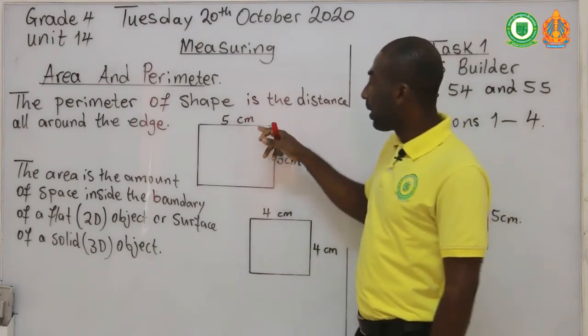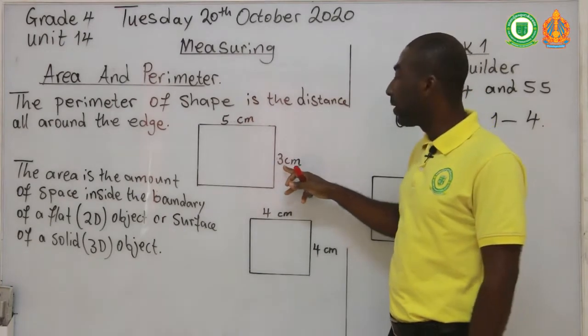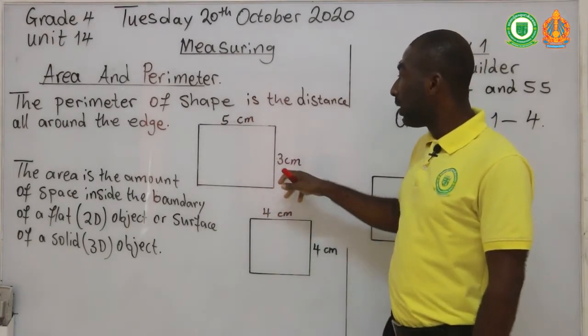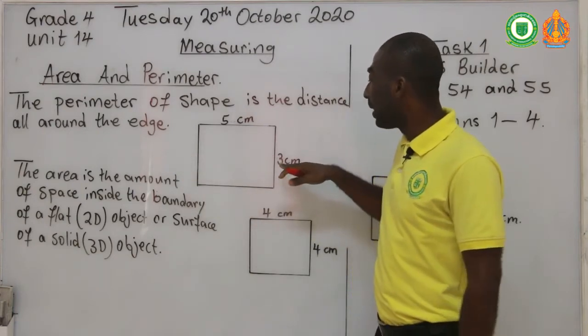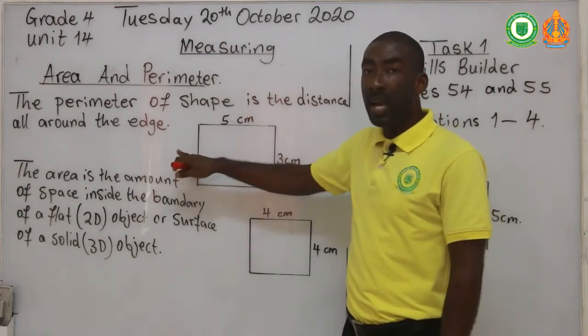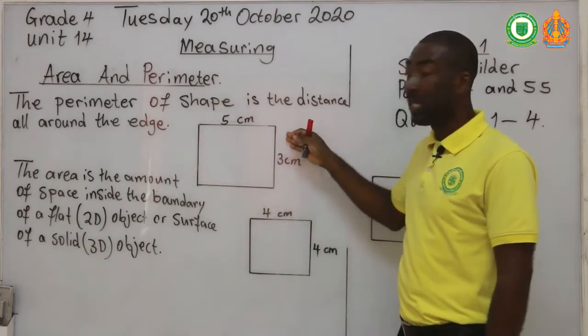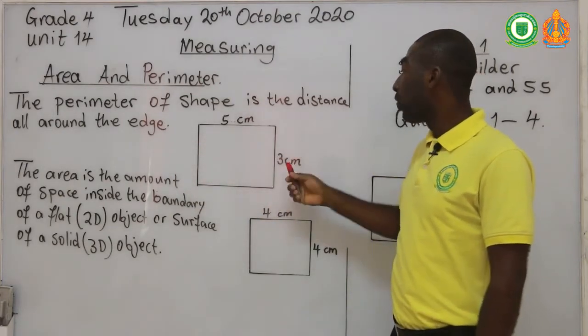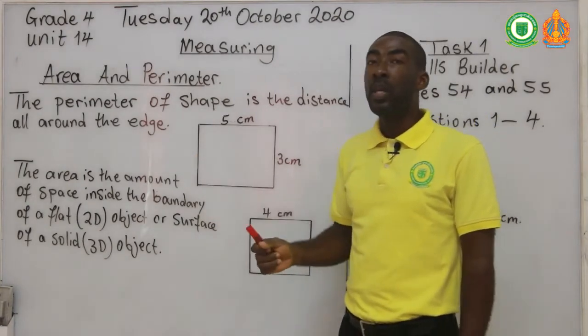Now we know that this side is 5 centimeters and this side is 3 centimeters. That means the opposite of this one is this line. So the length of this line is the same as the length of this very line. If this side is 3 centimeters, this side is also 3 centimeters.